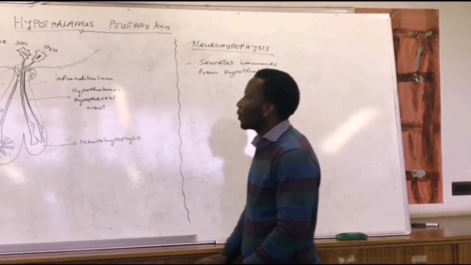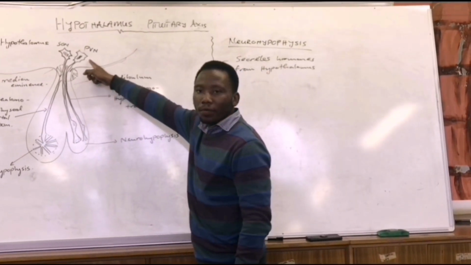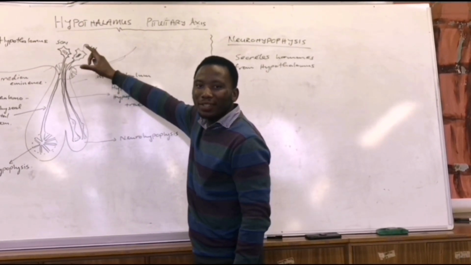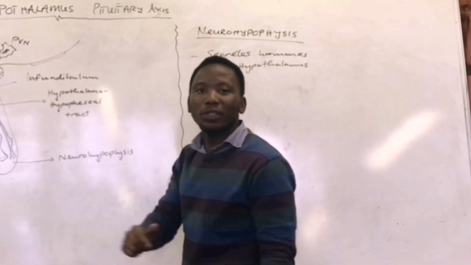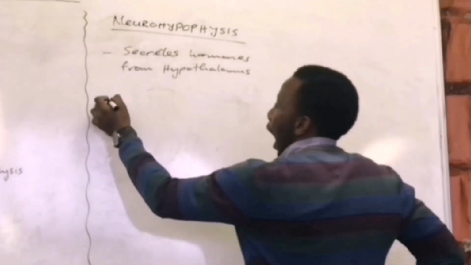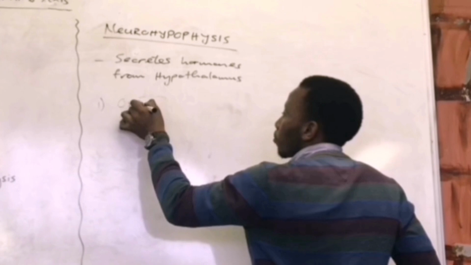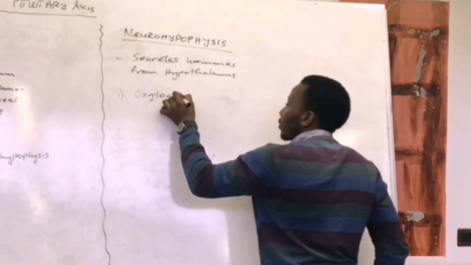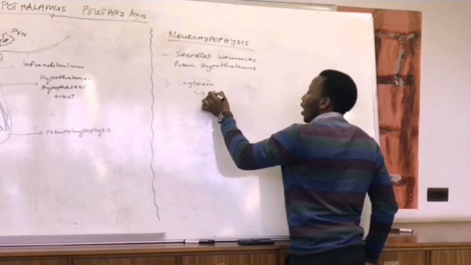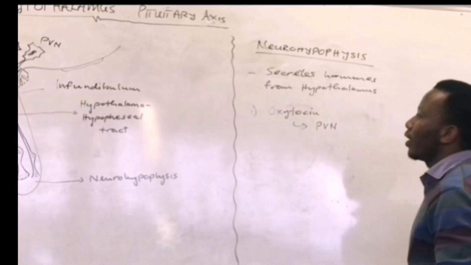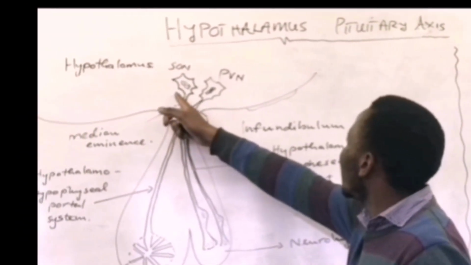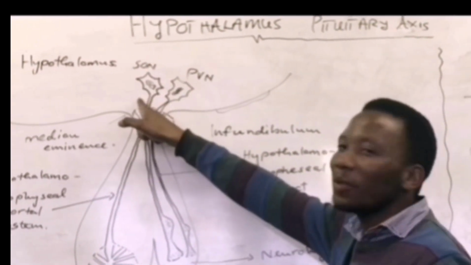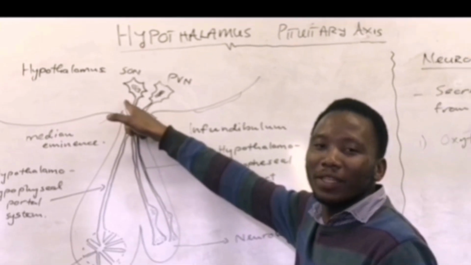The hypothalamus, via what we call the paraventricular nucleus, is going to synthesize a hormone known as oxytocin. First one, oxytocin, okay? From who? Your paraventricular nucleus. Look at the second one. We call this the supraoptic nucleus, okay?